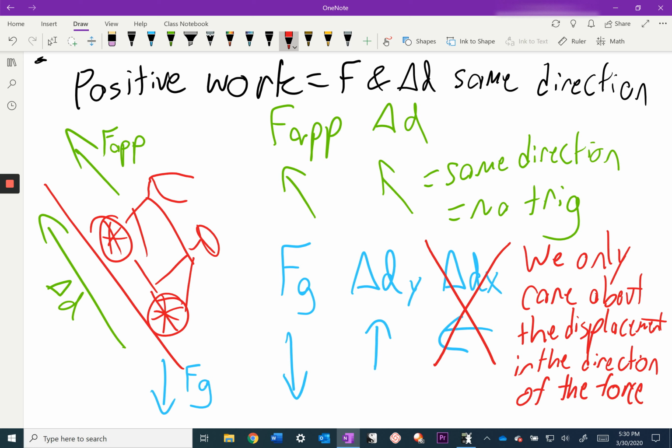Yeah. We only care about the displacement in the direction of the force, which means we only care about the vertical displacement anytime we're talking about the force of gravity. When you're having applied forces, displacements, those two are in the same direction, so we don't have to do anything. But down here, we would have to break down our displacement into x and y and only care about the vertical displacement anytime we talk about gravity.